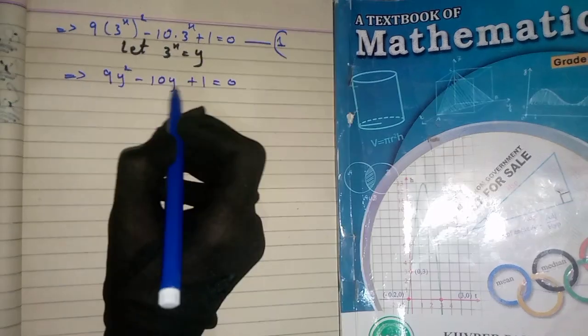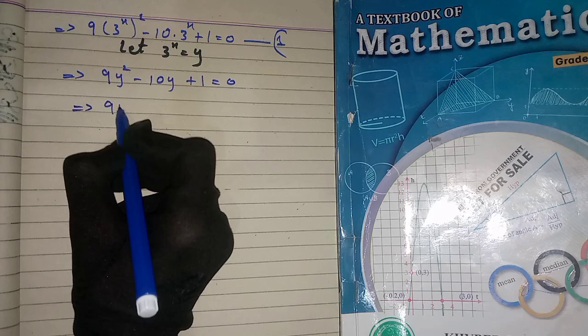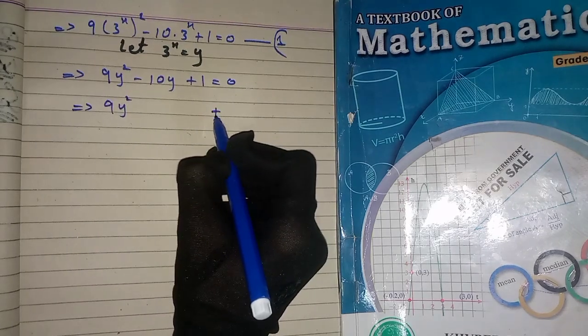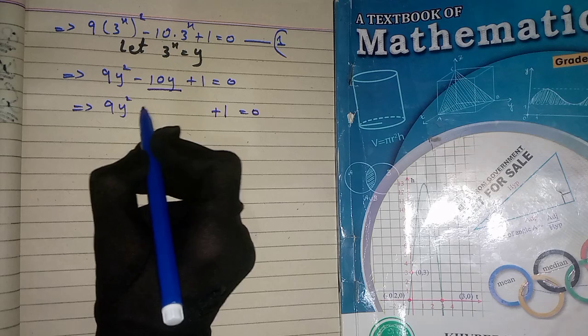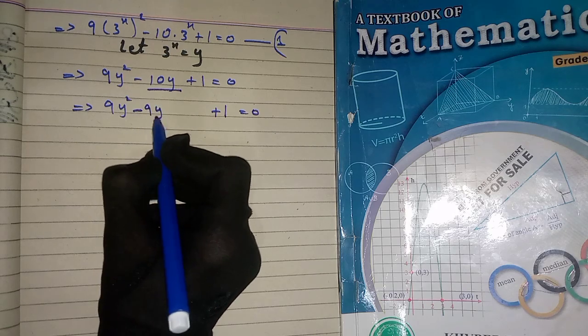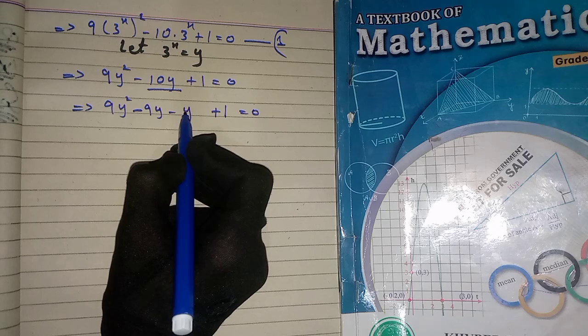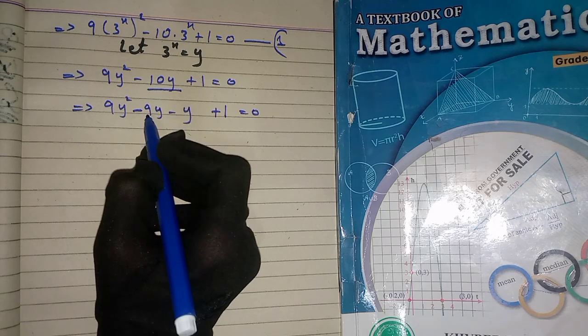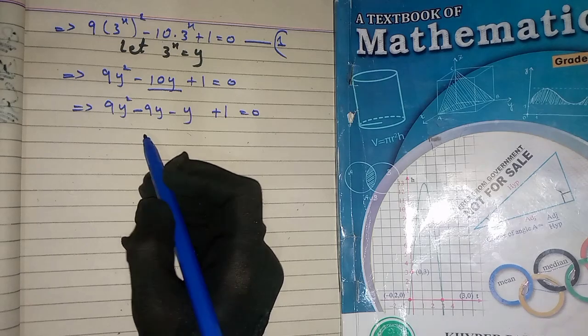Now we solve this equation by factorization method. We write first and last term as it is. Now we break down the midterm. Minus 9y minus y. Minus minus plus, 9y and 1y become 10y. And when we multiply 9y with y, it becomes 9y square.